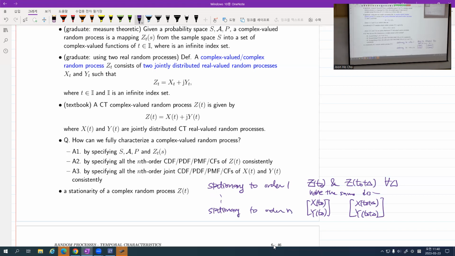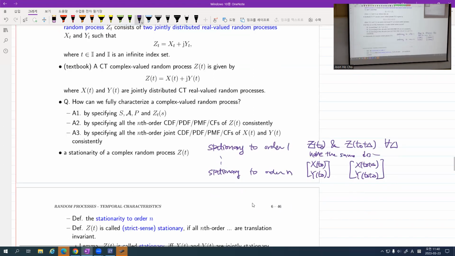And what would be the strict sense stationarity of a complex random process? Z of t as an entire random process and Z of t plus delta as an entire random process have the same distribution, right? So delay or selection of your time origin doesn't matter when you talk about distributions. That is the strict sense stationarity. So far, so good.